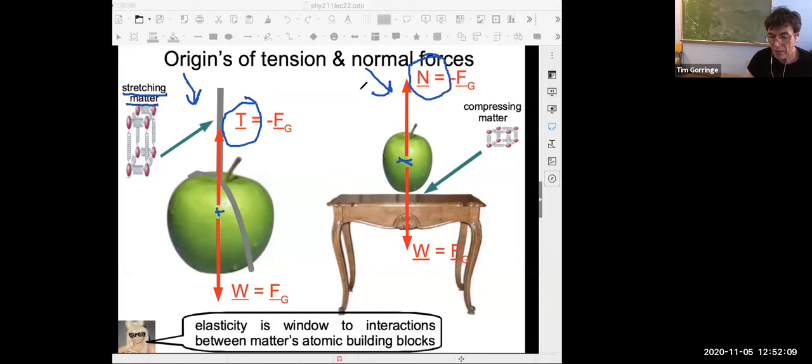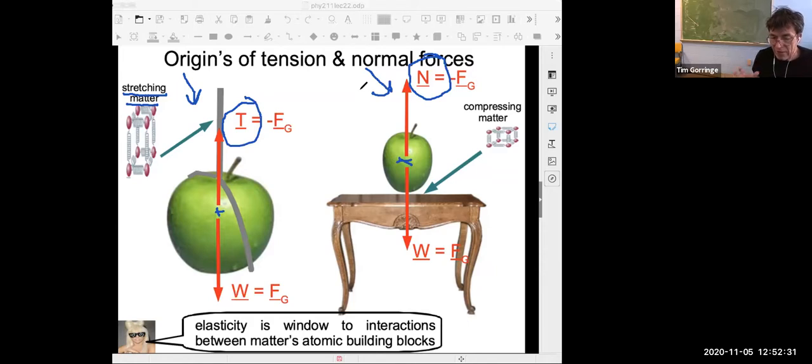And so what we've done here with our little model of deforming solids, that deformation arising from the pushing together or pulling apart of the atoms and molecules, is explain where the tension force came from and where the normal force comes from. So it's a big breakthrough.